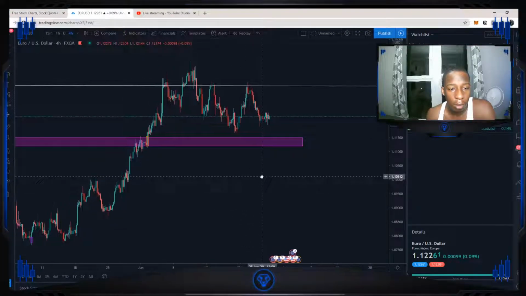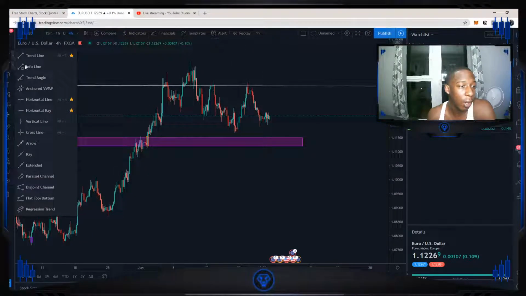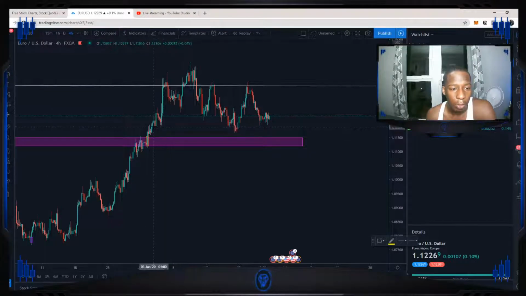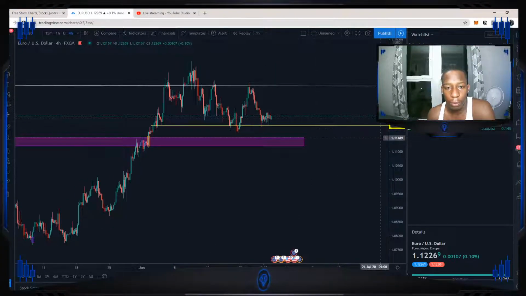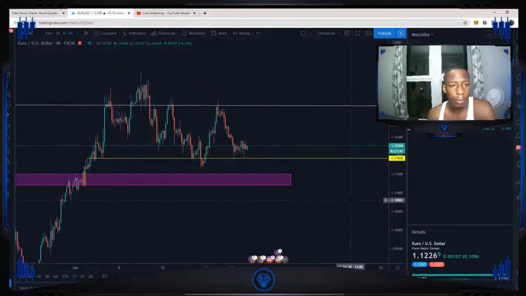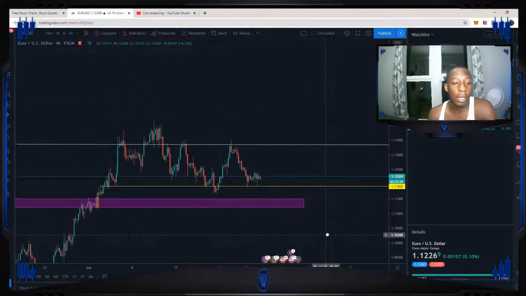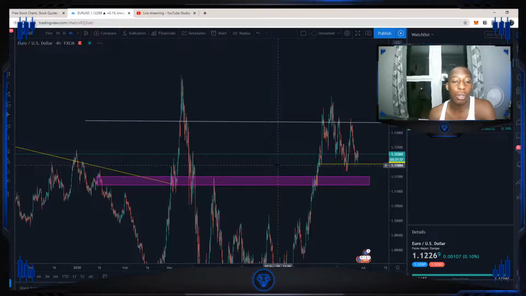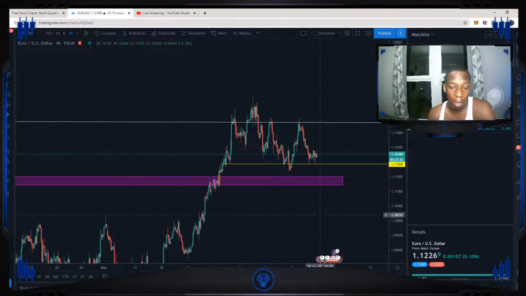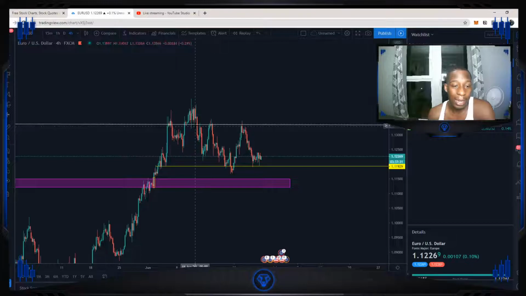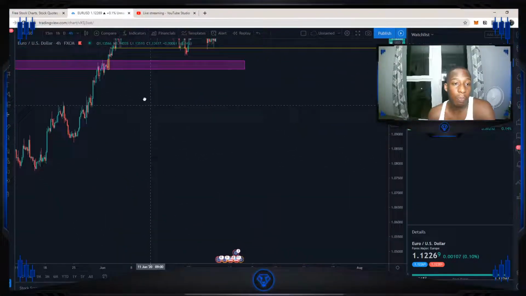Alright. Cool. So we got minor support here, so we can just put a line where we're getting all that minor support. You can see that as we got to this little area, it's consolidating, meaning that it's most likely to be a continuation pattern, like a little bullish flag.